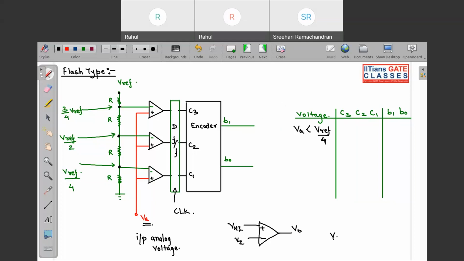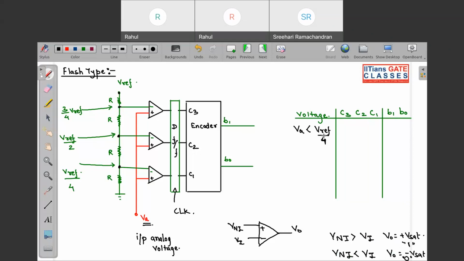Whenever the non-inverting terminal has a greater voltage than inverting, V naught will be equal to plus Vsat, and here plus Vsat corresponds to logic 1. And whenever V non-inverting is less than V inverting, V naught will be equal to minus Vsat, and here minus Vsat corresponds to 0.